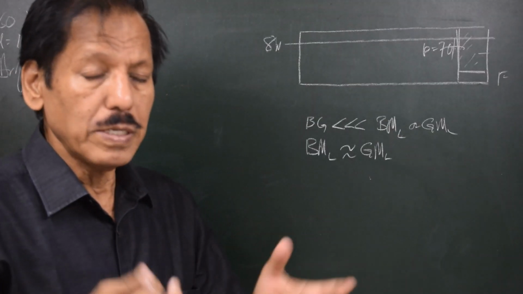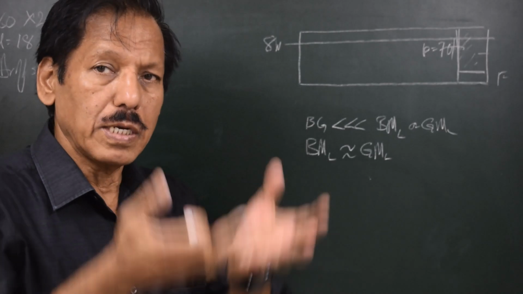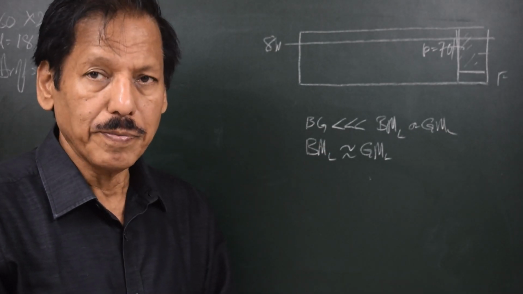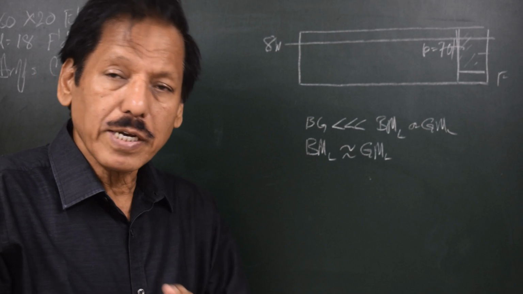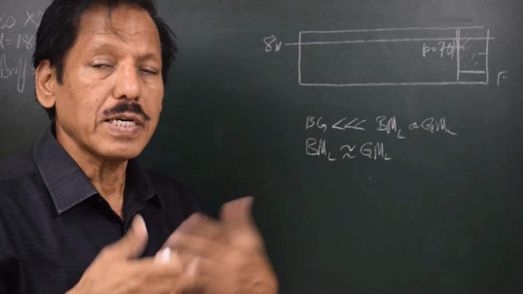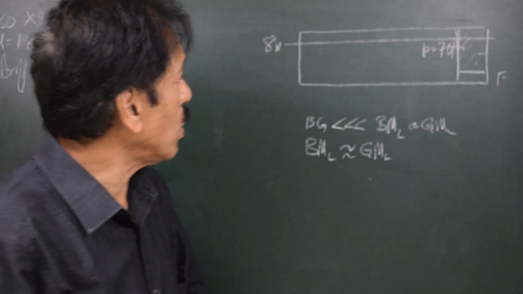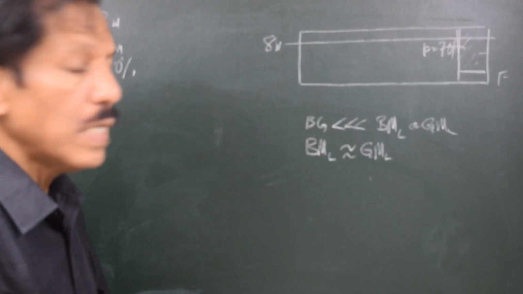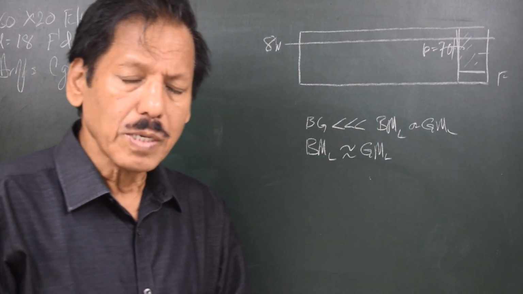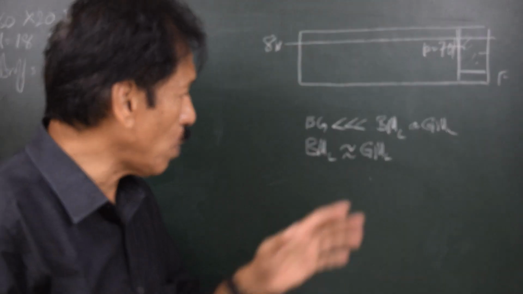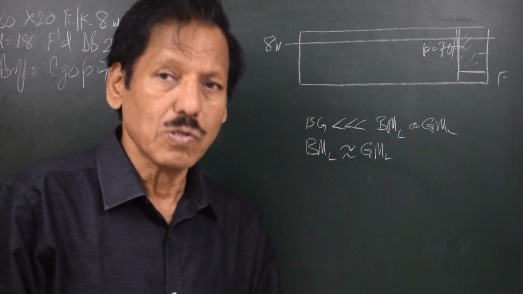As you know, in any bilging question, the center of buoyancy tends to move upwards, so KB always increases compared to the original KB. Original KB would have been 4 meters, but we don't do the calculation because we don't have to find out GML, because KG is not given.